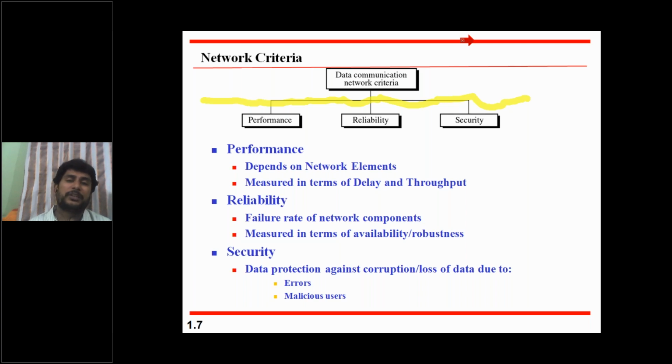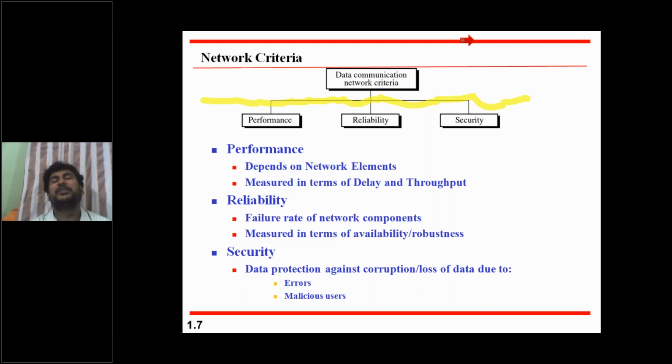The third important one is, if I am sending some confidential data through my network, is that data secured, or is there some chance that the information which I am exchanging is being hacked by someone else? So that is an important criterion. While doing commercial transactions, it's necessary that we do those in networks which are secure.